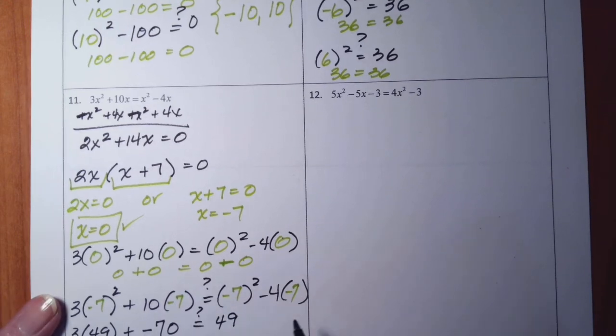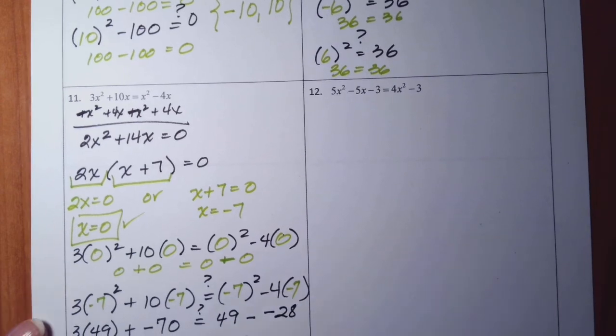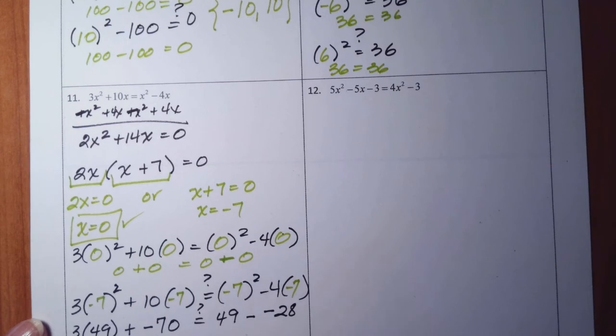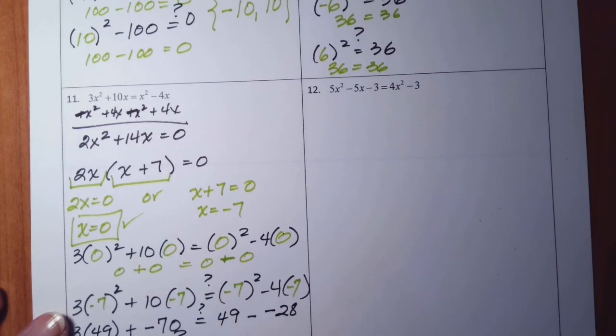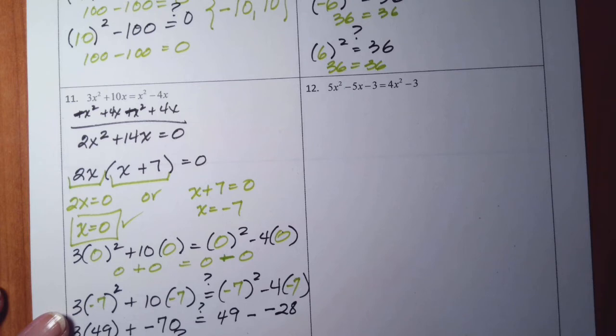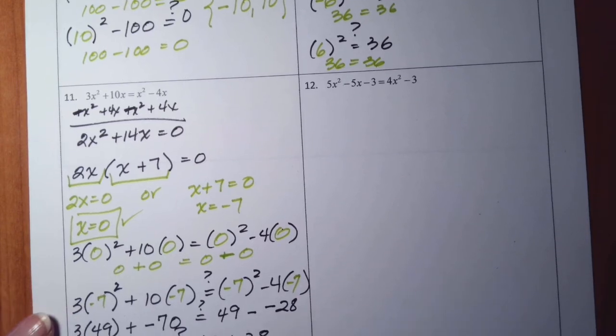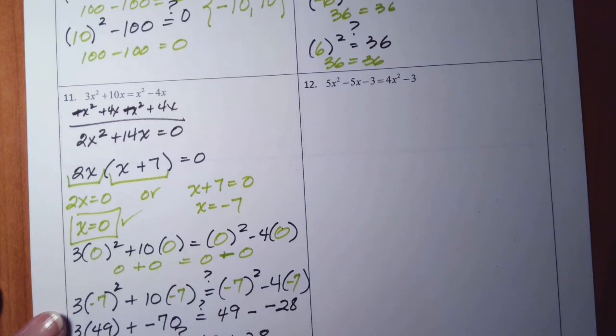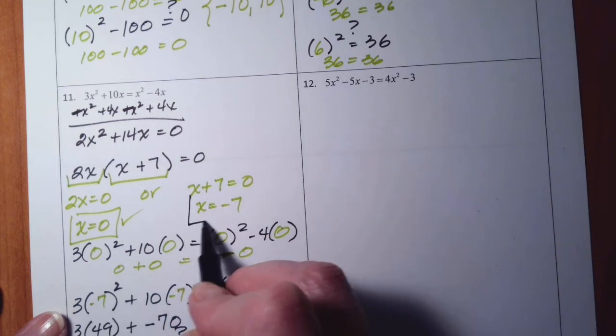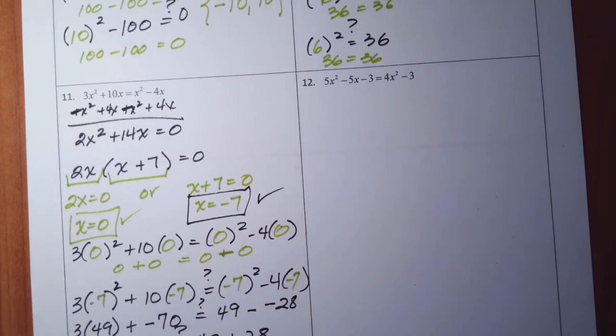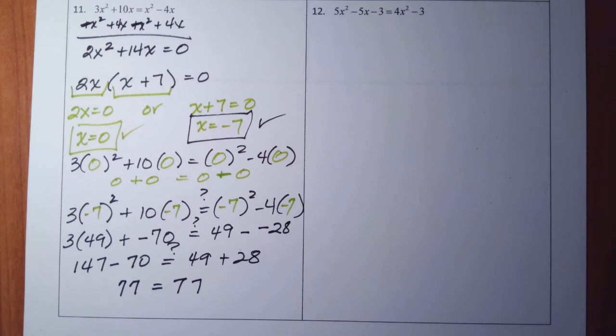This is 49 minus negative 28. 3 times 49 is 147. Plus a negative is the same thing as subtracting. Subtracting a negative is the same thing as adding. So 147 minus 70 is 77. And this is also 77. So that also checks. Whoops, and I'm sorry you couldn't see that. So I'll leave it up there for a second.